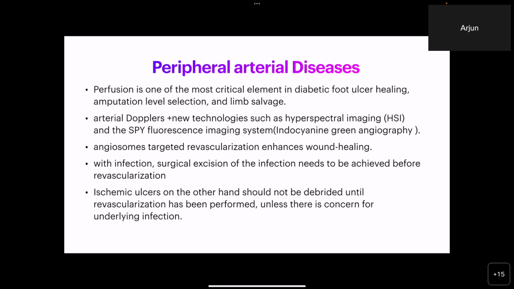In peripheral arterial disease, perfusion is arguably the most critical element in diabetic foot ulcer healing, amputation level selection, and limb salvage. To measure functional perfusion, traditionally you can use arterial Dopplers or new technology such as hyperspectral imaging and the SPY fluorescence imaging system.